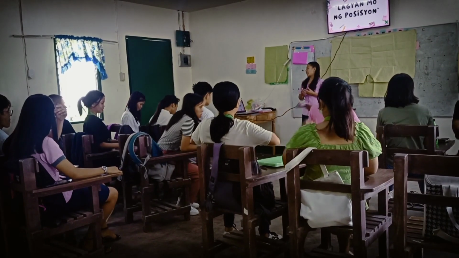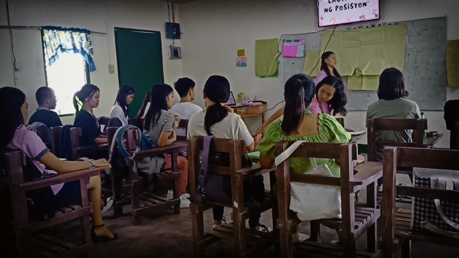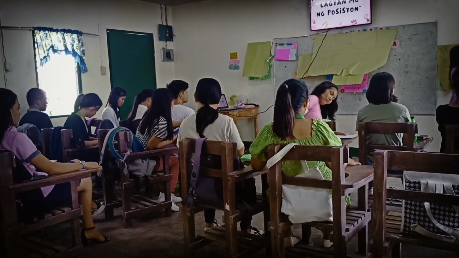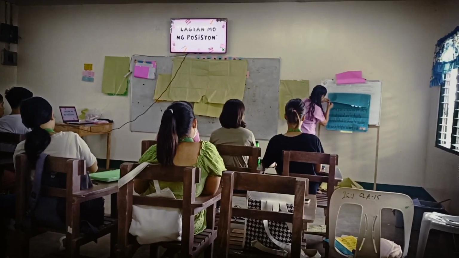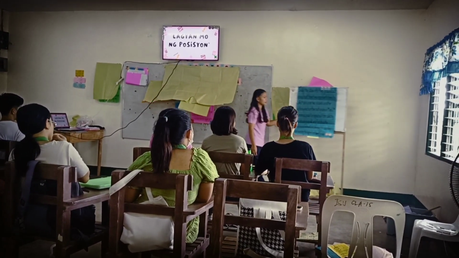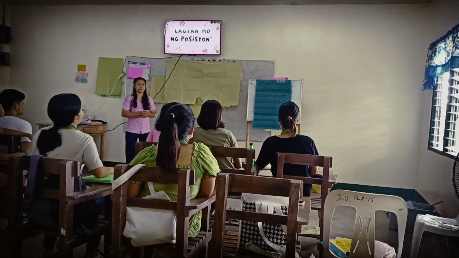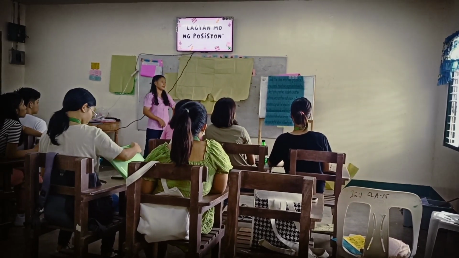So we begin with the game called the Getting Position before moving into our lesson presentation. So here's the game direction. Please read all together. Divide the class into 2 groups.